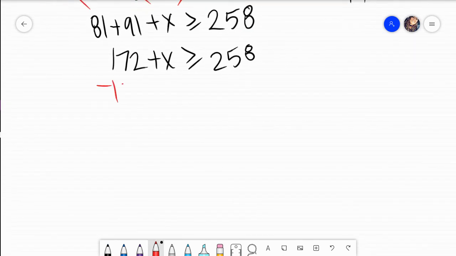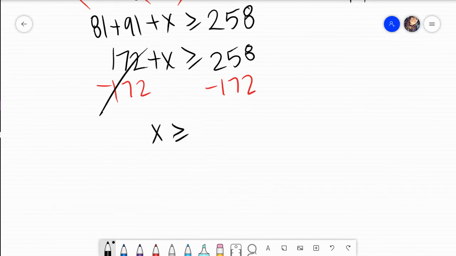Don't I move my 172? Cancel. x greater than or equal to, y'all, you get so used to saying equal. Now let's actually do the subtraction. 258 minus 172, I would get 6, 8, 1 minus 1 is this.